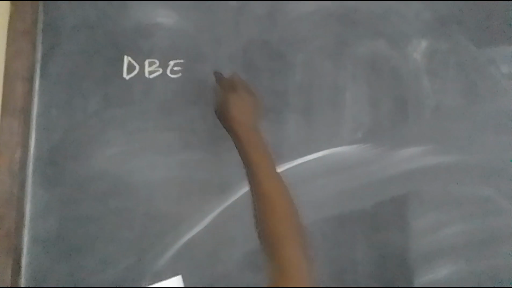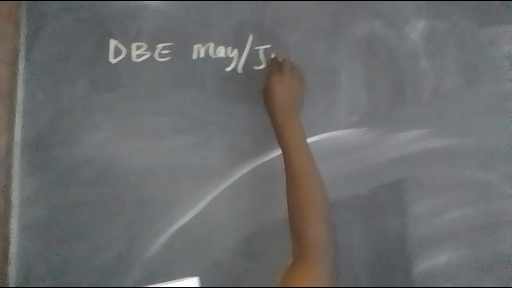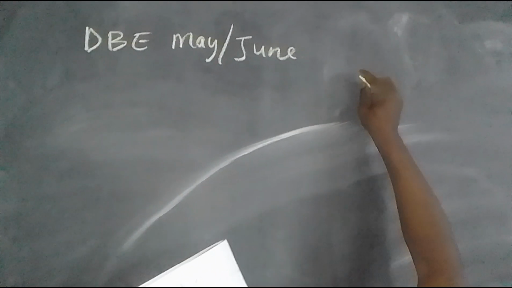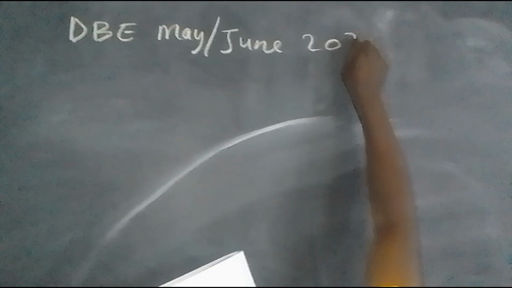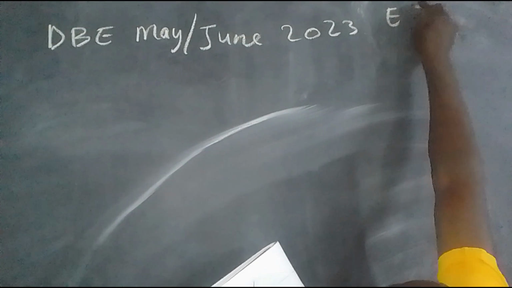So the question that we are going to take today is the DBE May-June 2023 paper, from the Eastern Cape Province.